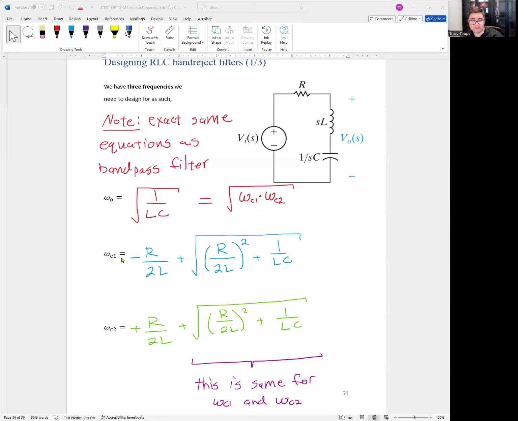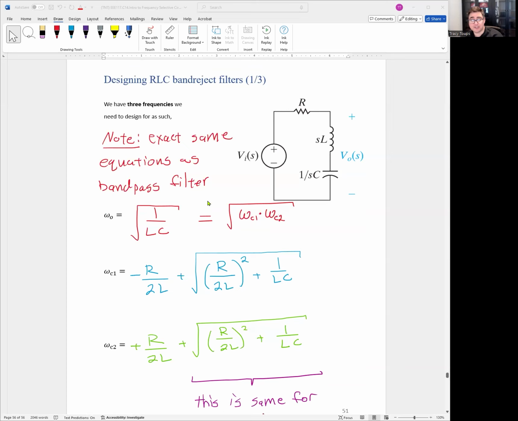It's the same circuit. Nothing's actually changed, except your output voltage. Remember, for a band pass filter, the output voltage is across a resistor. For a band reject filter, the output is across the inductor and capacitor. So component-wise, nothing's changed. You're just taking the output wires and plugging them into different points of the circuit.